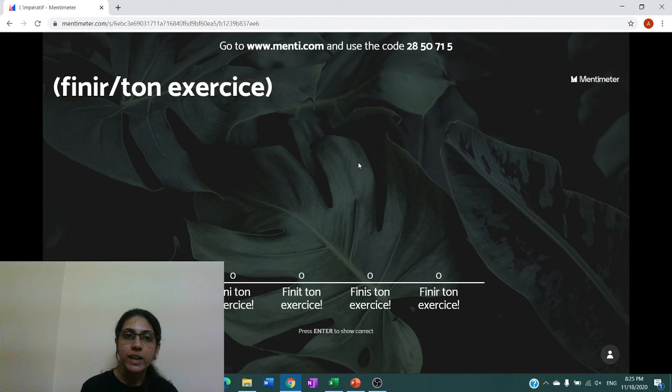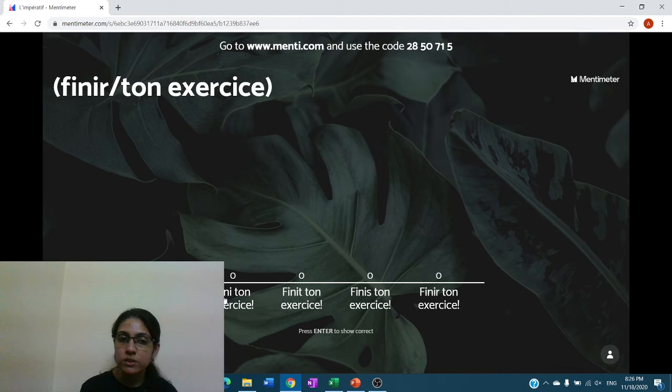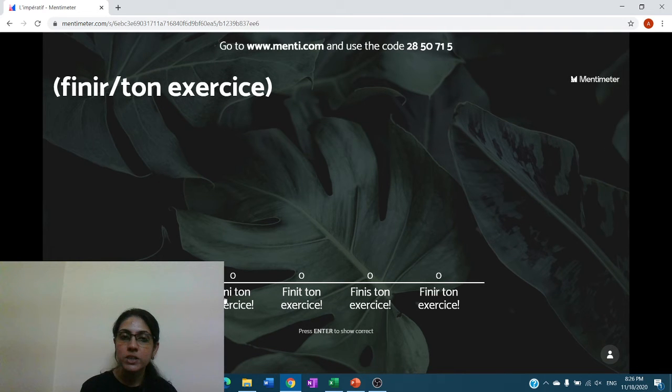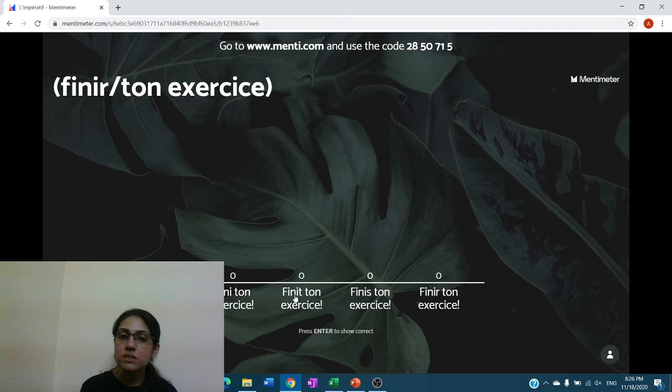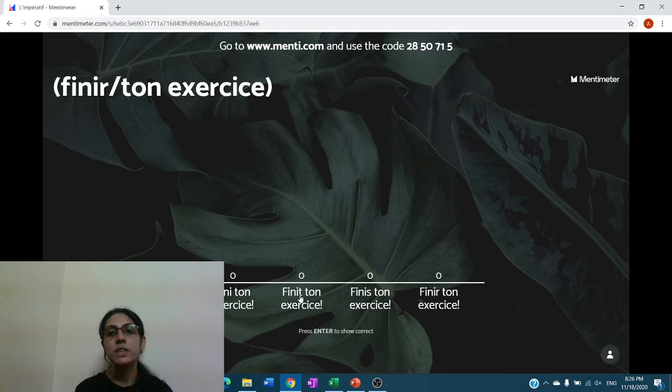Then is finir ton exercice. So here the options are fini ton exercice, first one. F-I-N-I is not a conjugation of the IR verb finir over here. So this one is incorrect. Finit ton exercice, this is ending with T. The ending with T is the conjugation of the il singular form. But the imperative is not possible in the il singular form.